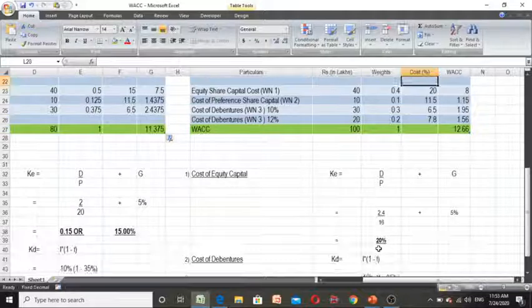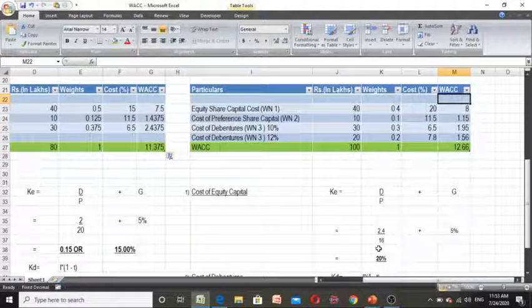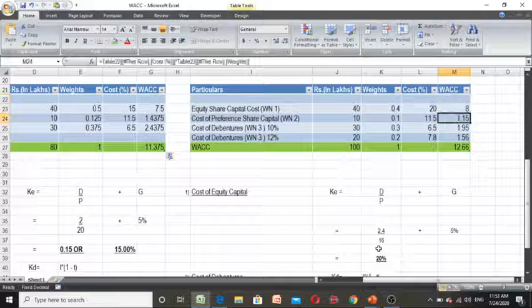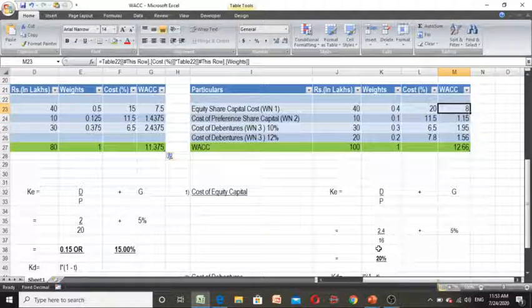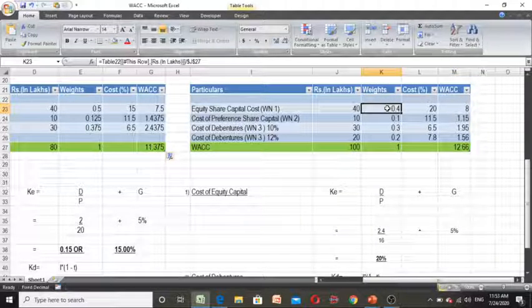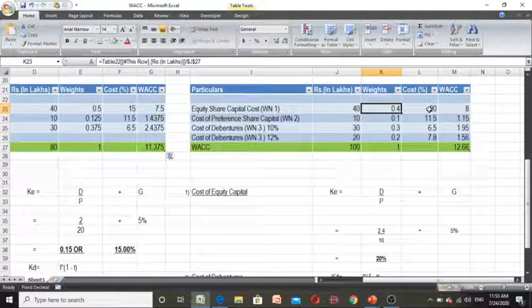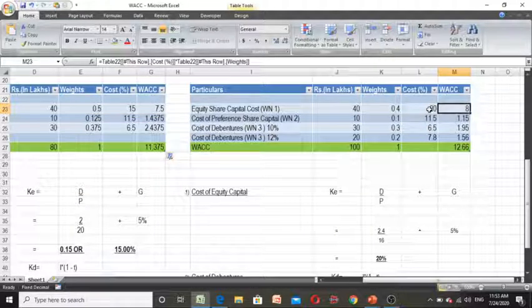So finally we proceed to finding the WACC, which is the weighted average cost of capital. And we know how to find the WACC. We'll simply multiply the previous two columns, the weights and cost. So precisely, we will multiply the weight of equity share capital into the cost of equity share capital, which will give us the WACC contribution of this equity share capital.